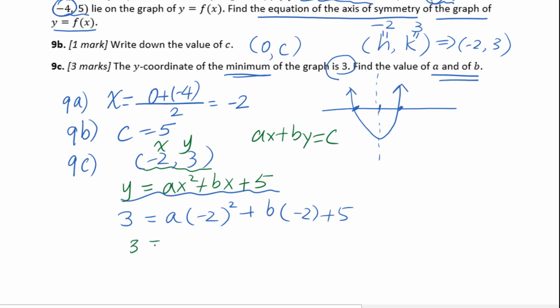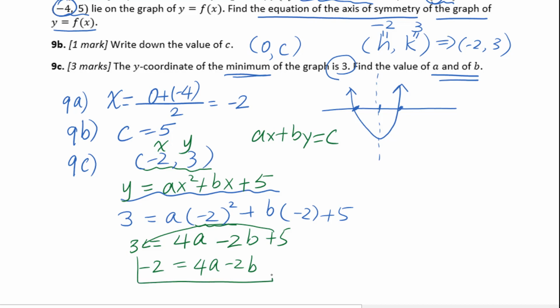Therefore, you have 3 equals 4a, since -2 squared is 4, minus 2b plus 5. Cross the river, change the sign. 3 minus 5, that is -2, equals 4a minus 2b. This is the first equation we got.